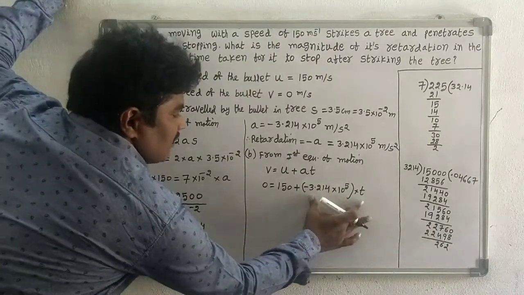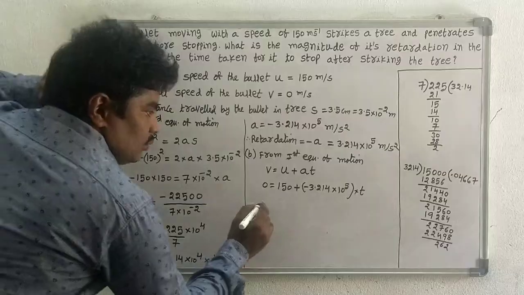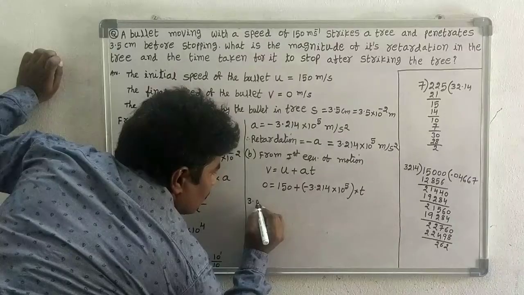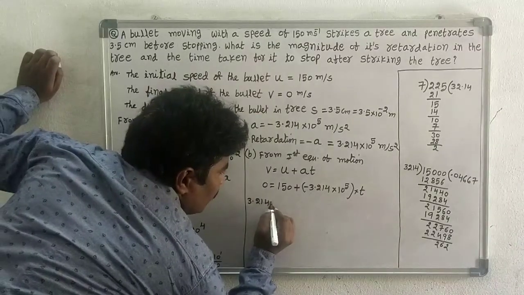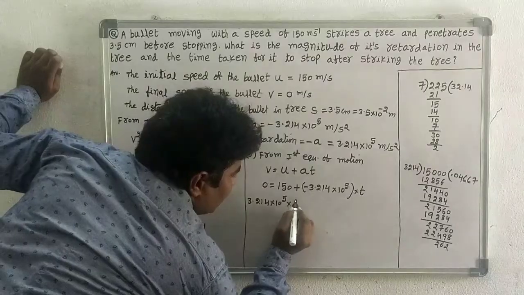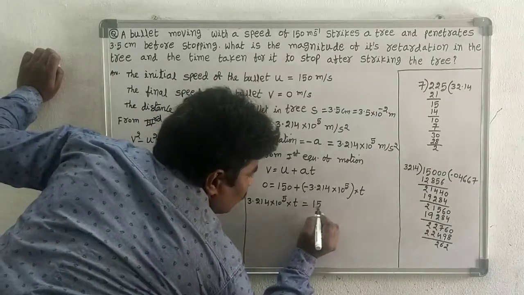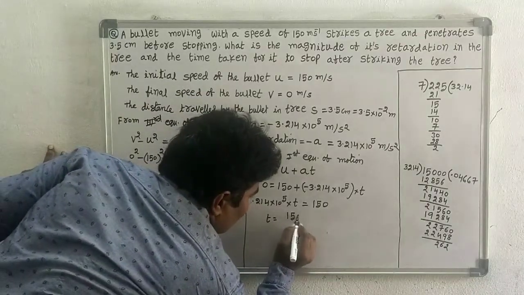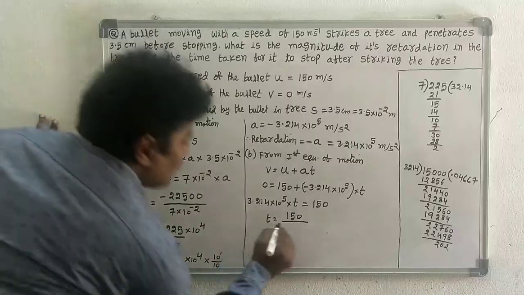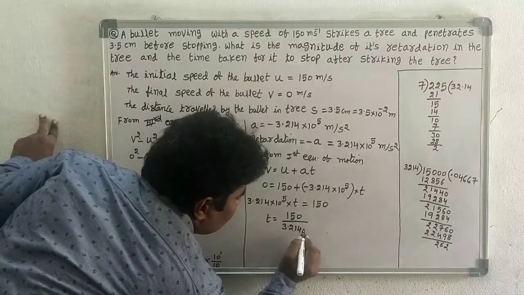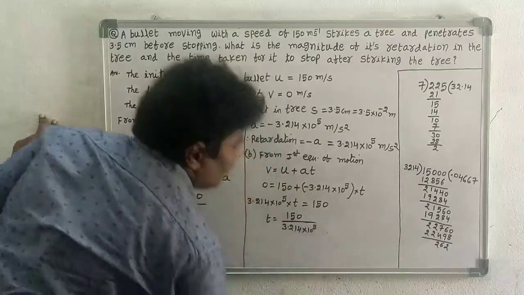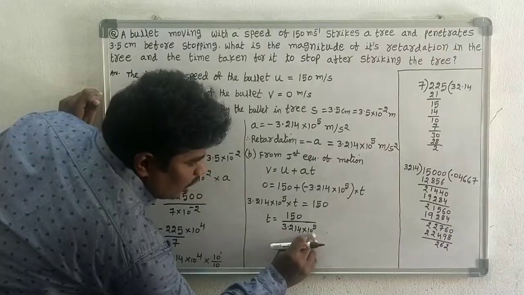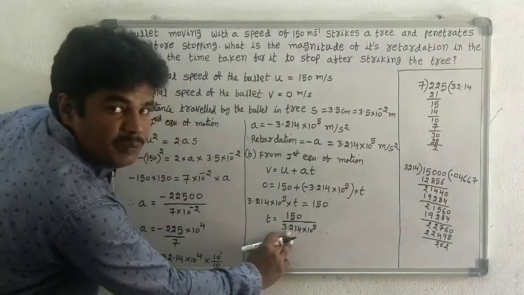We take this value to the left side of the equal sign, we get 3.214 into 10 to the power of 5 into t is equal to 150. Then t is equal to 150 by 3.214 into 10 to the power of 5. We multiply this value by 1000, then we eliminate the decimal point.